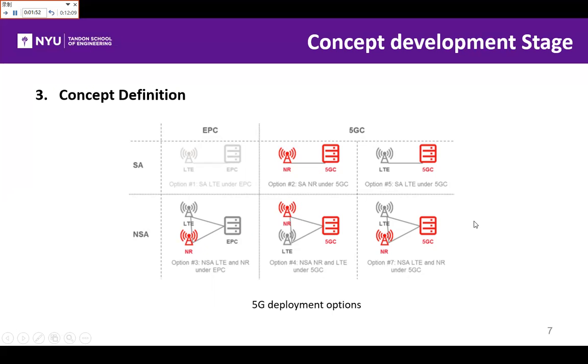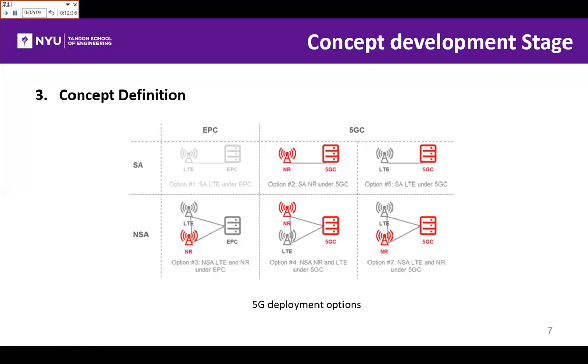For example, if we use LTE as a radio access method, LTE is long-term evolution, and this technology is already applied by the 4G system, so we can leverage the existing LTE deployments.